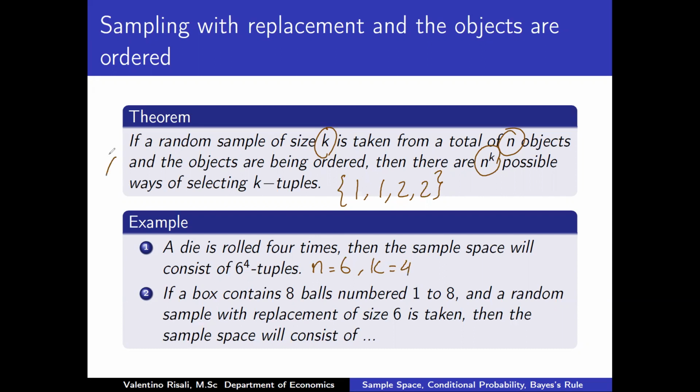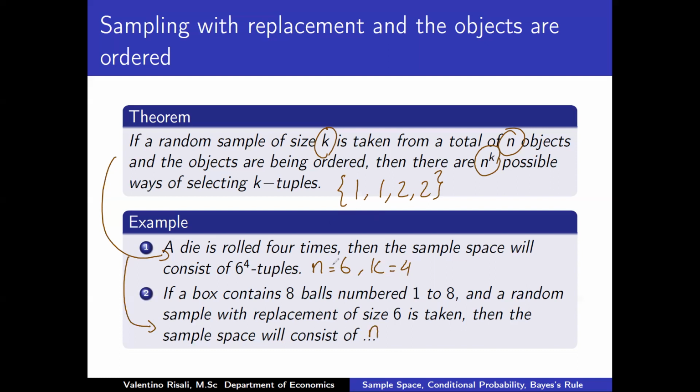So by this theorem, there are 6 to the power of 4 tuples, or ways of selecting. For the next example, we have a box containing 8 balls, and we randomly select 6 with replacement.